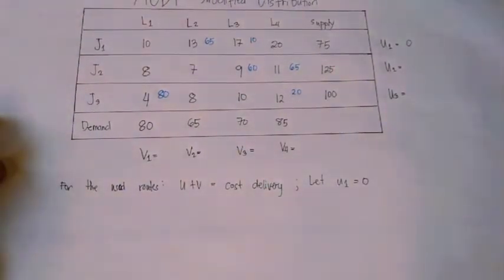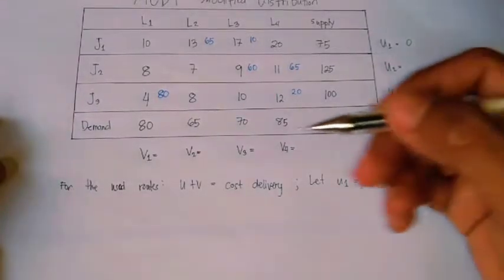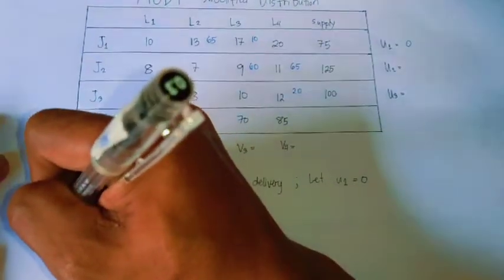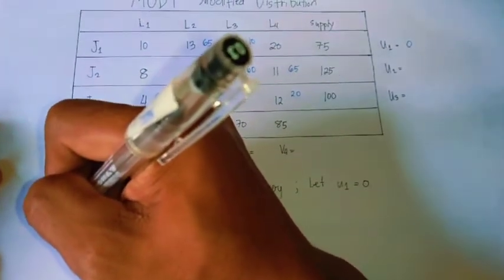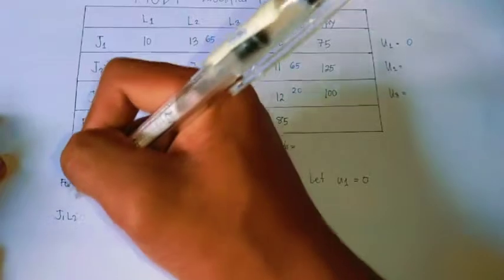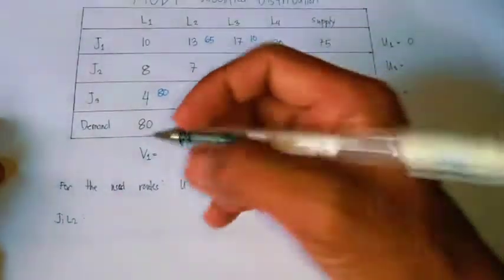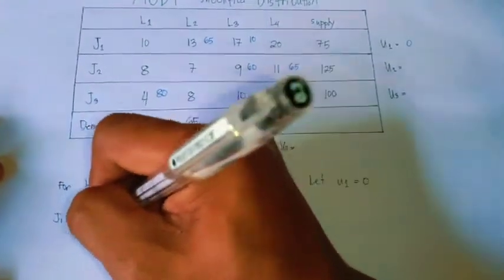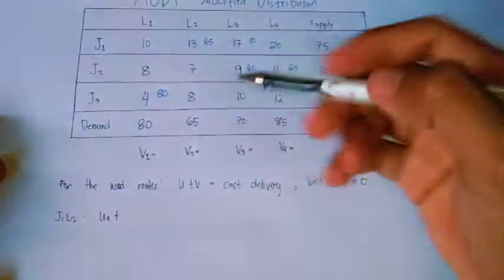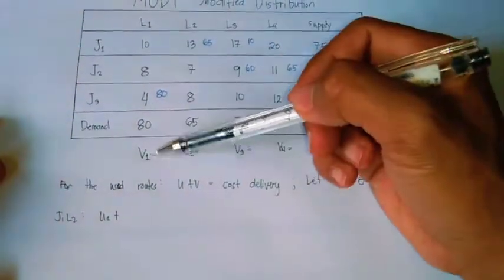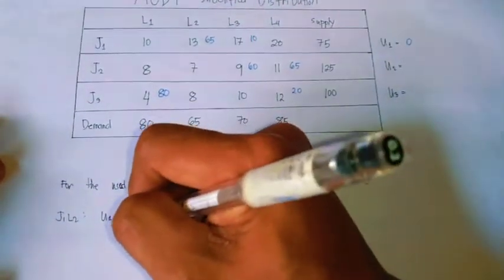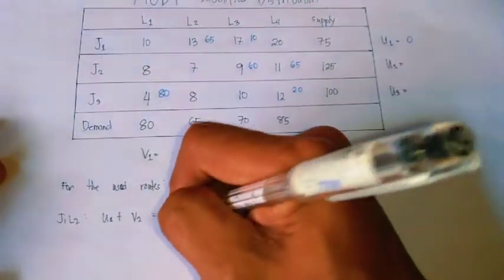First we will use the used roads. So since J1 L2 is 13, U1 plus V2 is equal to 13.